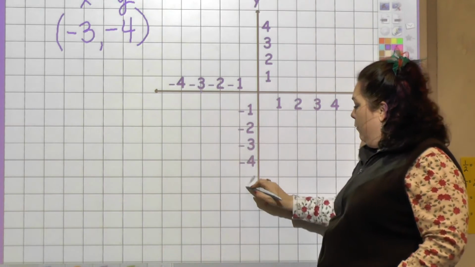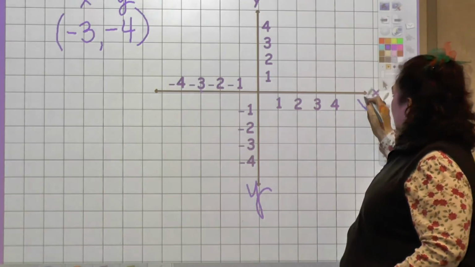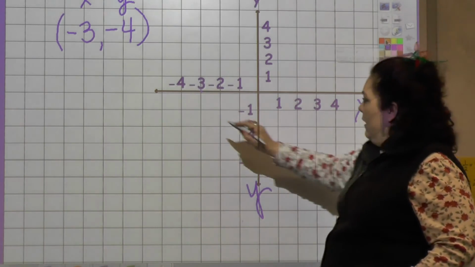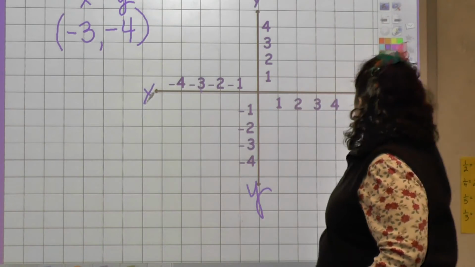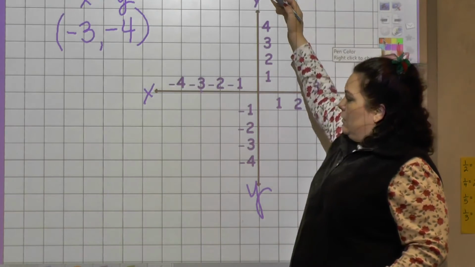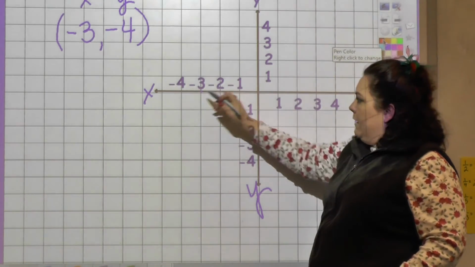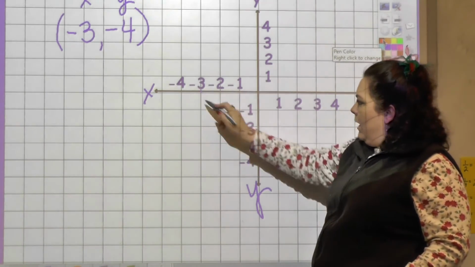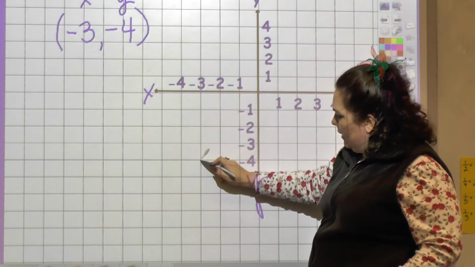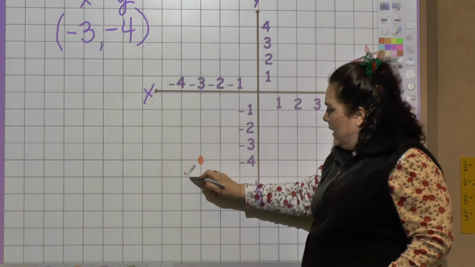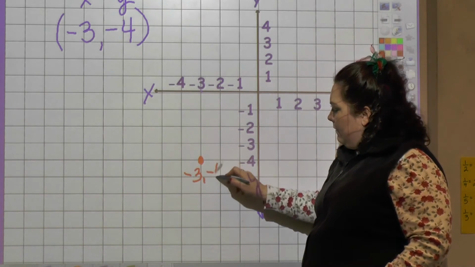This is still x over here, and this is still y over here. So -3, and then on the y, -4. I would go down to here, and I would say -3, -4.